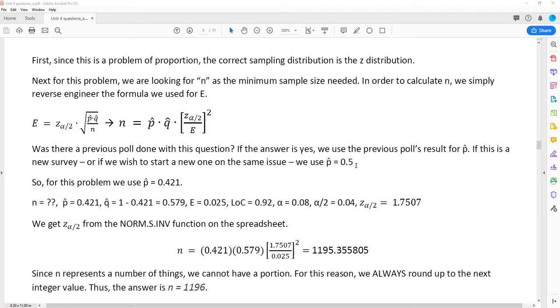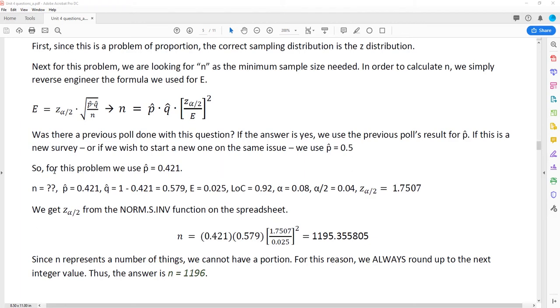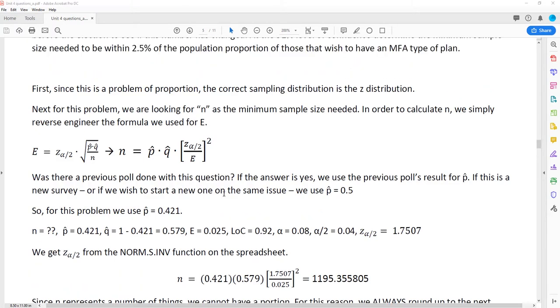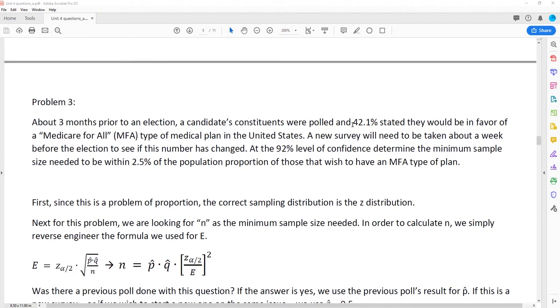But for this problem, it states explicitly that we had a previous poll, and that previous poll showed a result of 42.1% being in favor of Medicare for All.